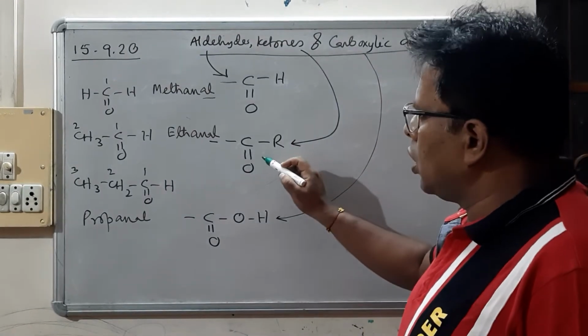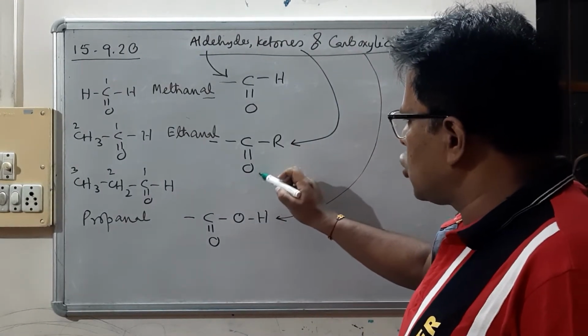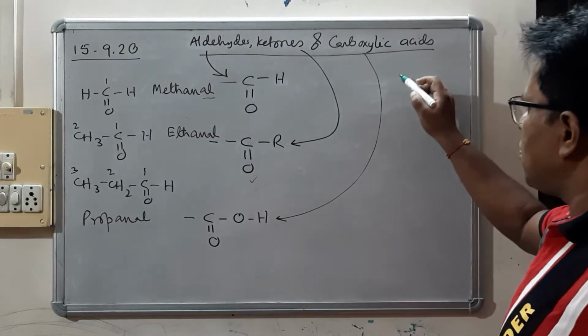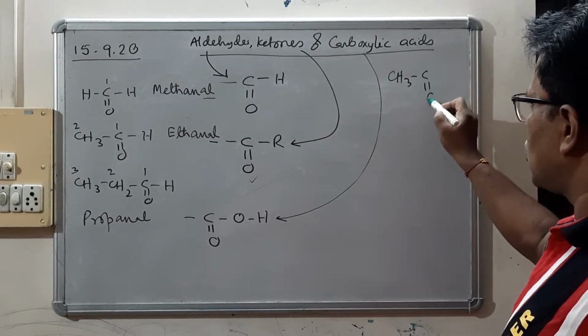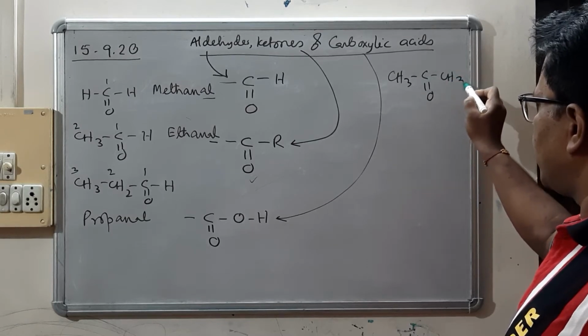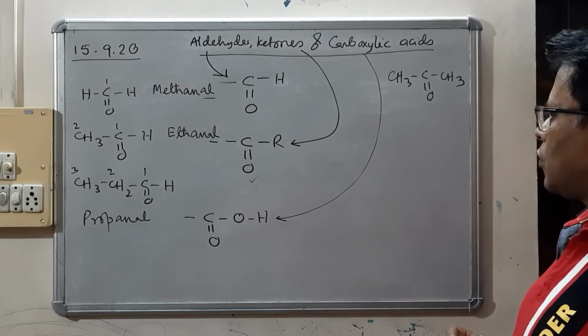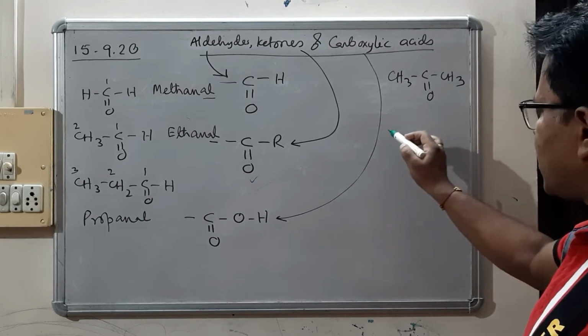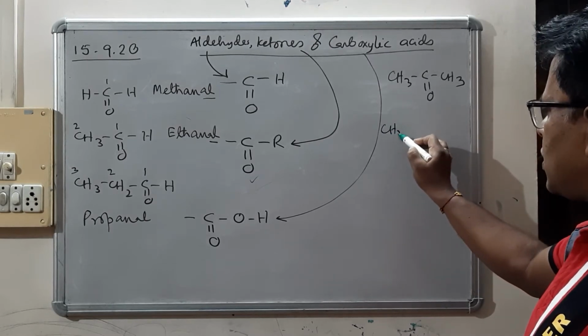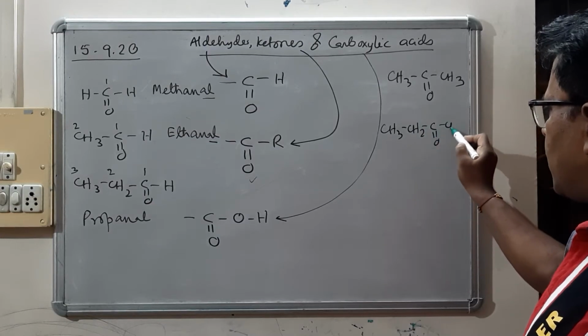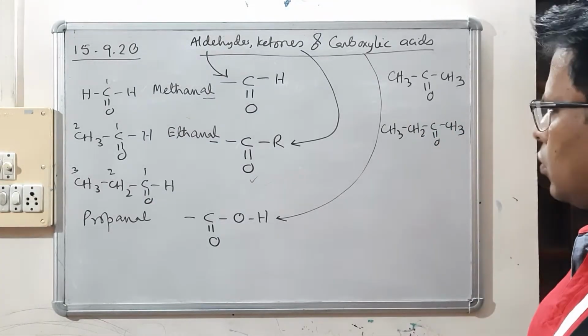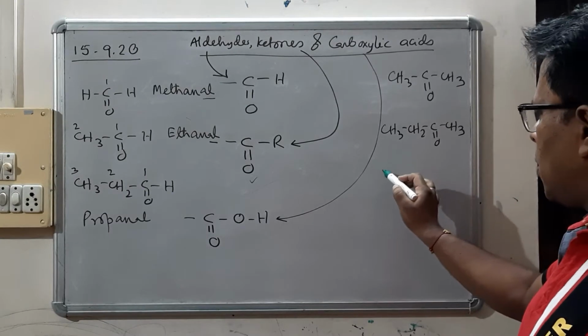Okay, now in case of the ketone family, the first member of the ketone family is CH3, C double bond O, CH3. Second member is CH3, CH2, C double bond O, CH3. Third member, suppose this.